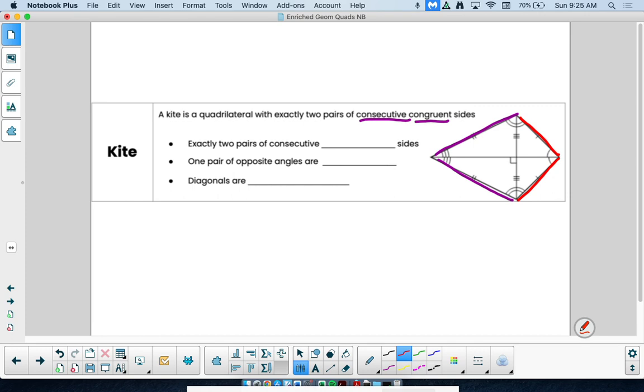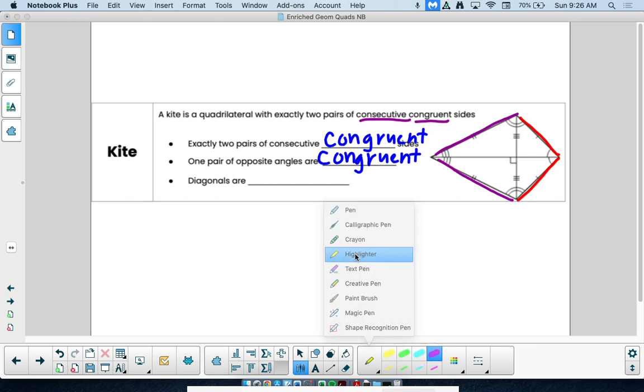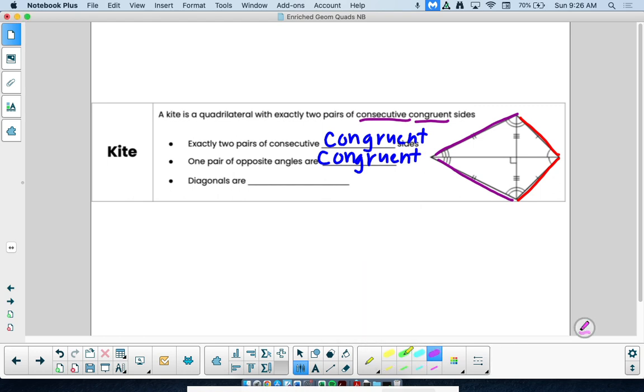All right? So if we fill in these blanks here, exactly 2 pairs of consecutive congruent sides. One pair of opposite angles that are congruent. So if we wanted to highlight that, if you're into highlighting on your notes, grab a little highlighter, folks. So there, that would be this angle here is congruent to this big angle there.